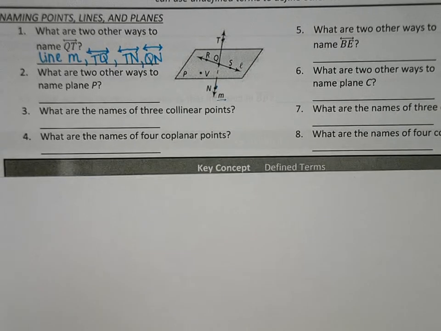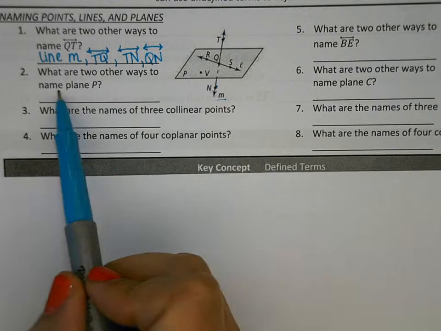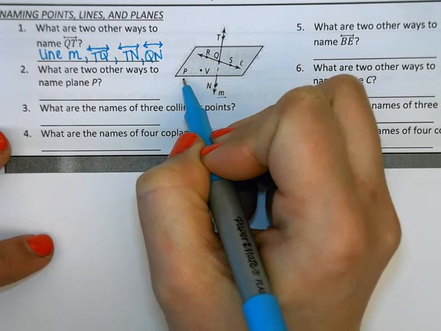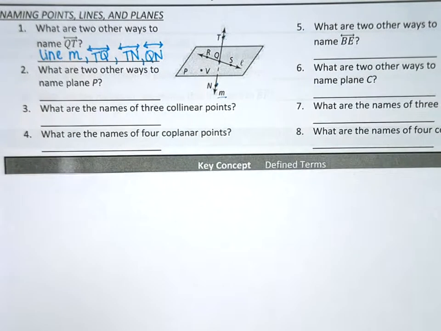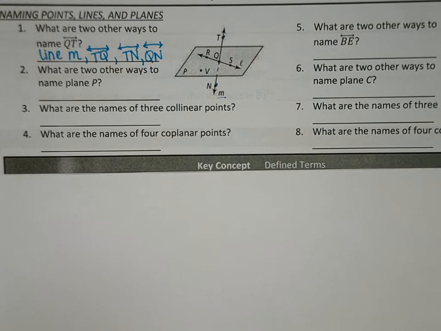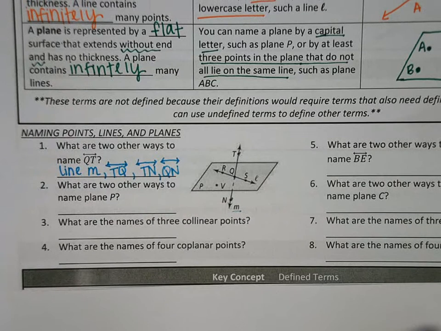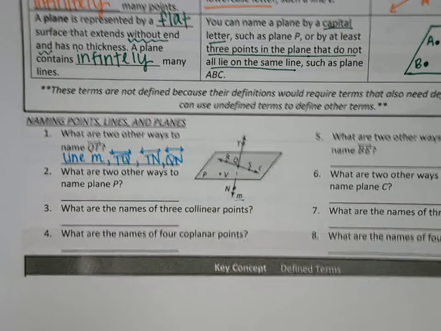What about number two? What are two other ways to name plane P? So notice how this whole plane is plane P. What are ways that we can name planes? What did our definition say? How many points do we need? 3. Can they be collinear?